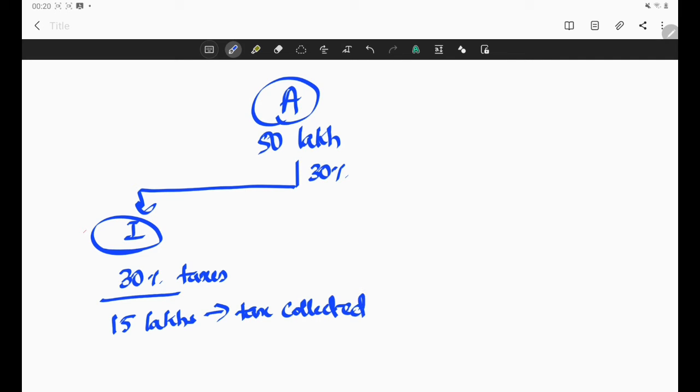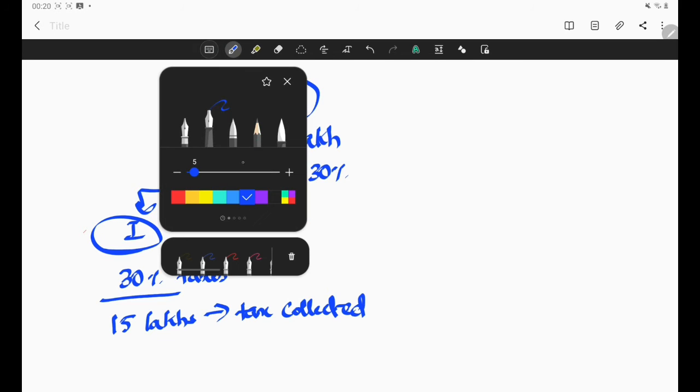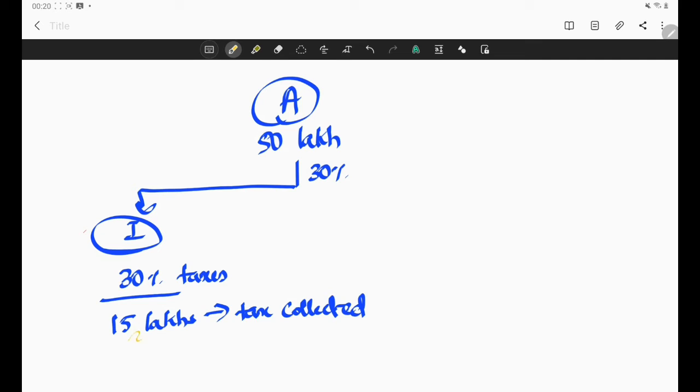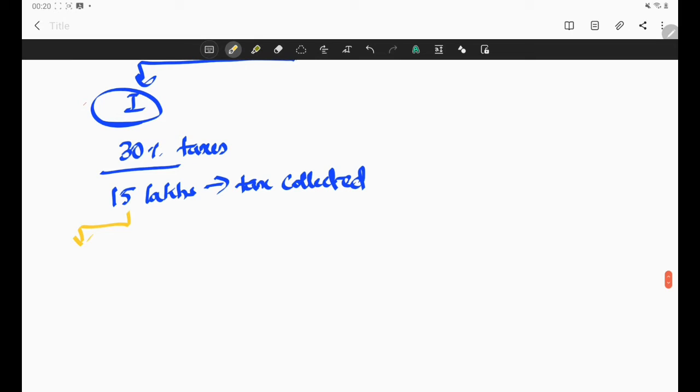But whatever government is collecting, it is not completely owned by government. Out of this 15 lakhs, it has to give a certain amount to states. So 40% it has to give to states. The 40% that it will give to states will be 2/5 of 15 lakhs.